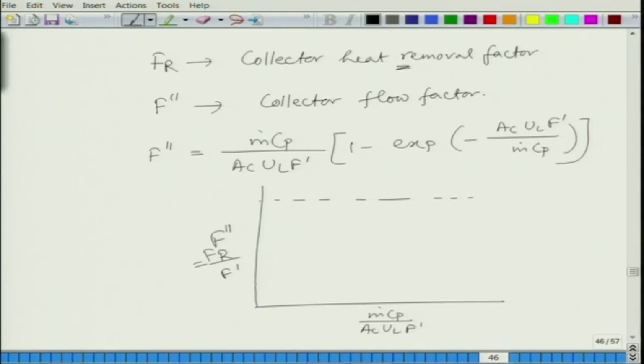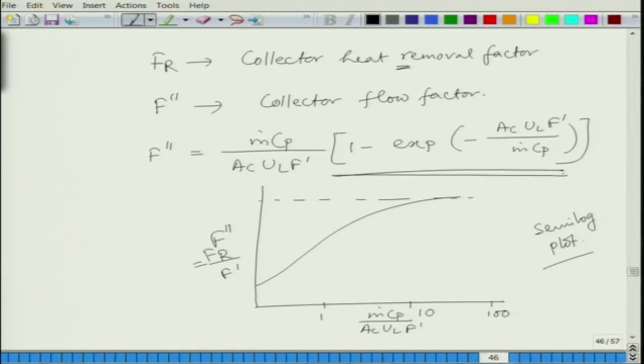So, it will look like this, and this is in a log plot. So, if this is 1, this is 10, this is 100. So, it is a semi log plot, and this is an exponent expression. So, it is useful to plot it in a semi log plot. Okay.